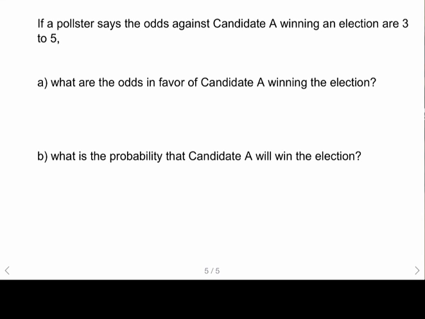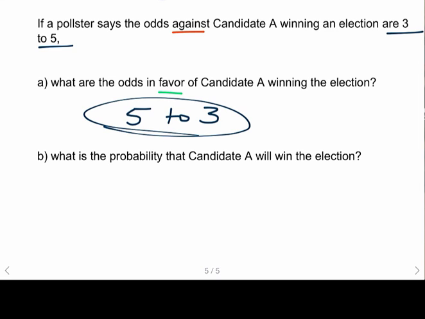Okay, so the odds against candidate A winning the election are 3 to 5, which means that the odds in favor of candidate A winning the election are 5 to 3. Yeah, I know. What's the probability that candidate A will win the election?